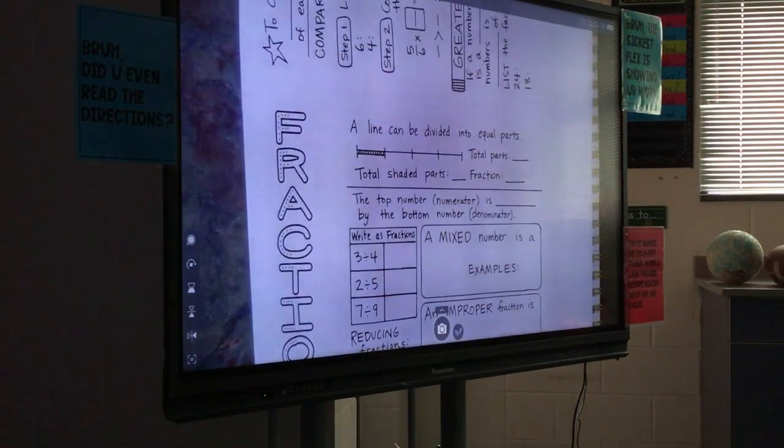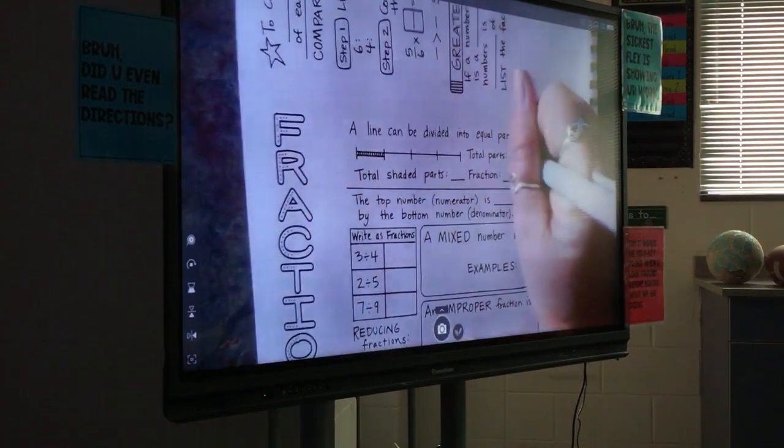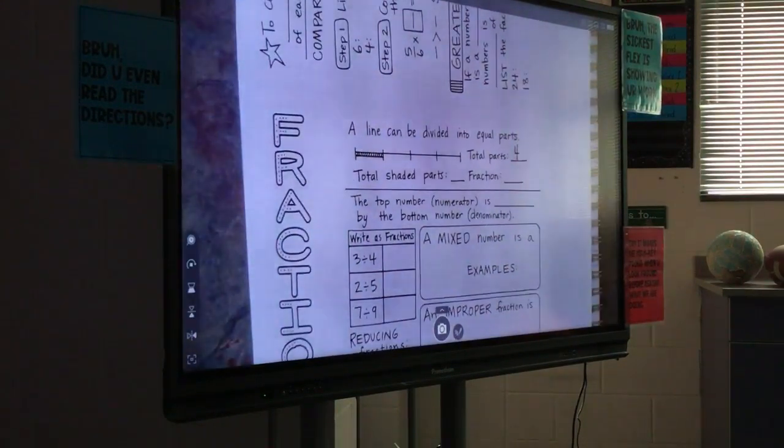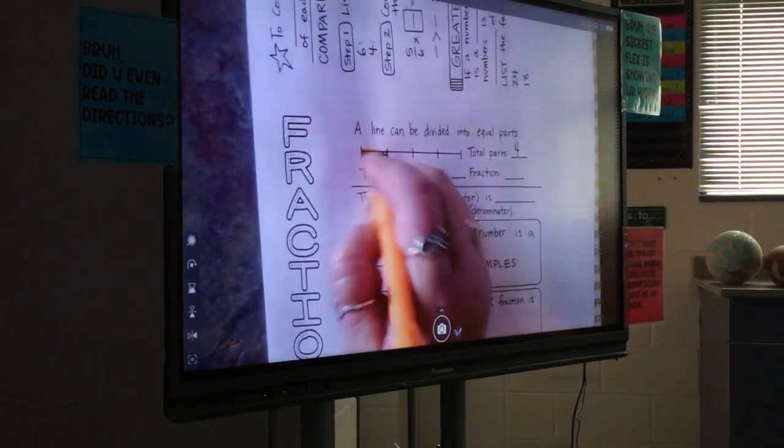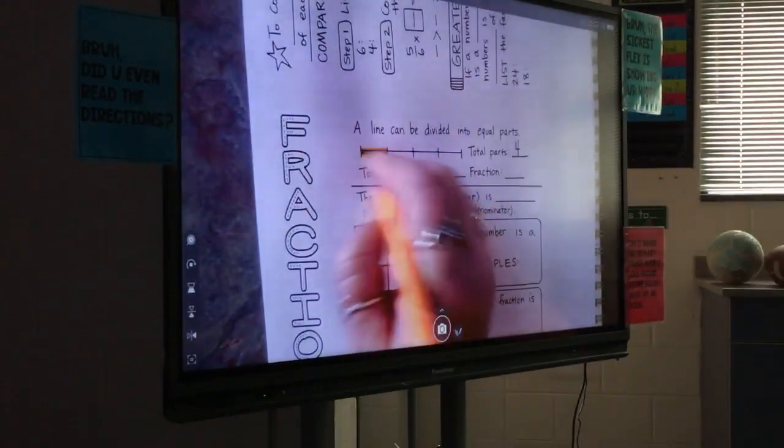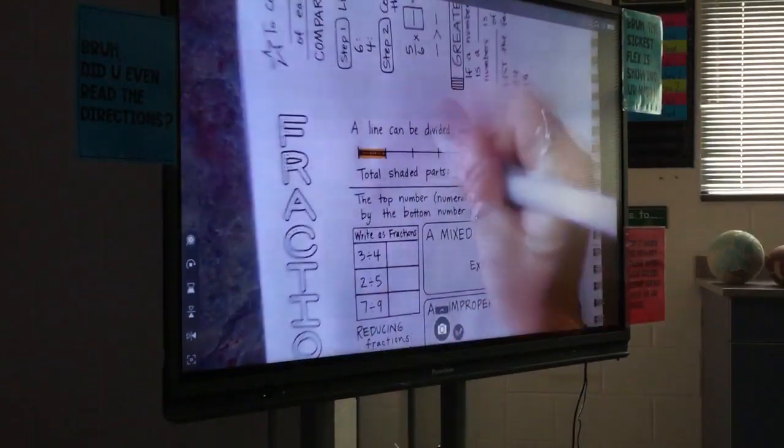Gracie? We have 4. All right, how many of those parts are shaded? Gabriel? 1. All right, so just add a little bit of color to that shade so you understand that that is a different color. So we have 1.